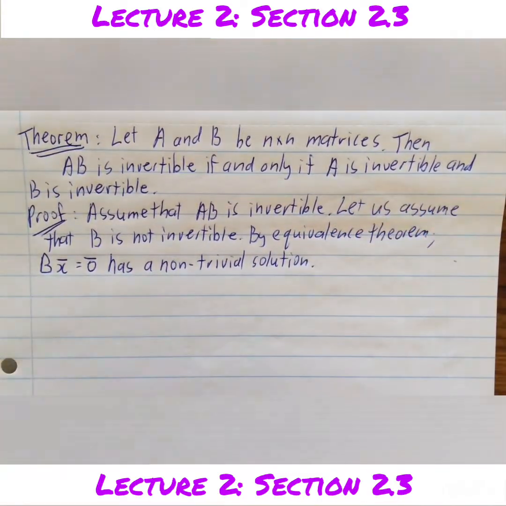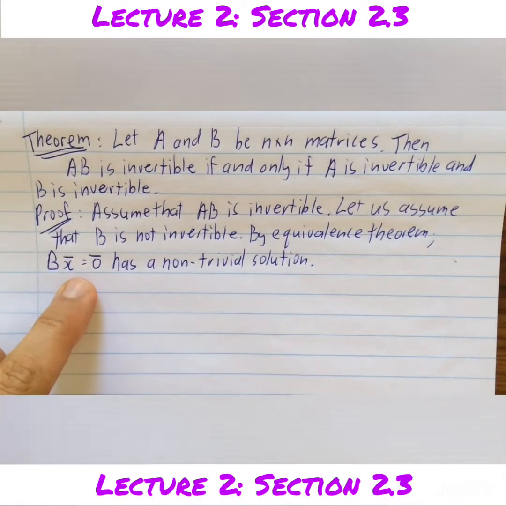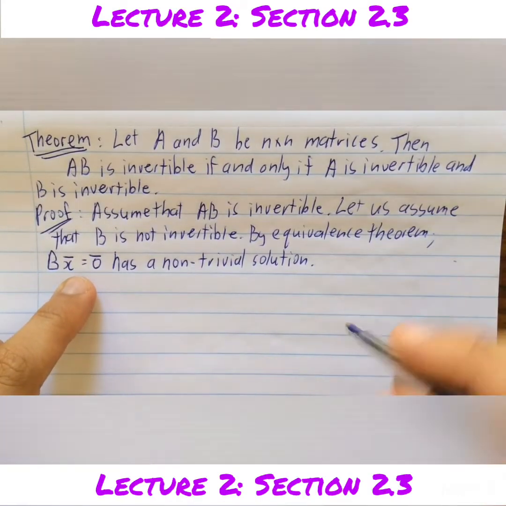Remember, the equivalence theorem says that a matrix A being invertible is equivalent to saying that the expression AX equals 0 has only the trivial solution. So if B is not invertible, this expression has somewhere a non-trivial solution.